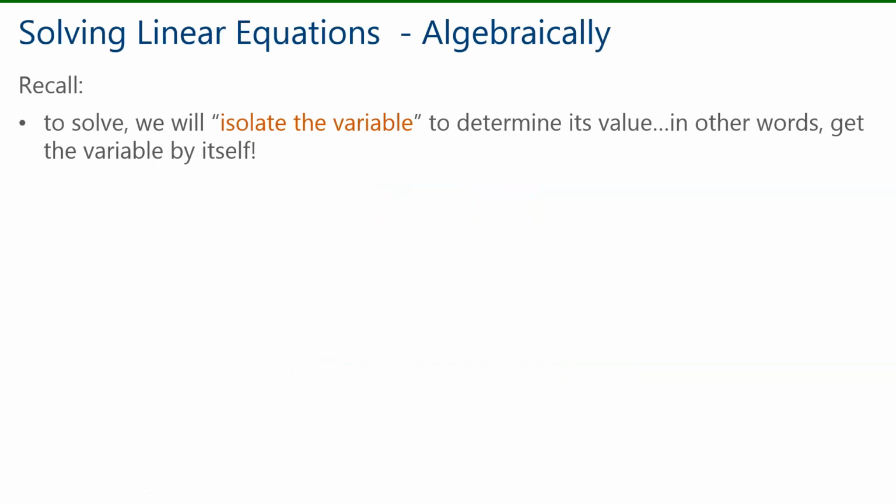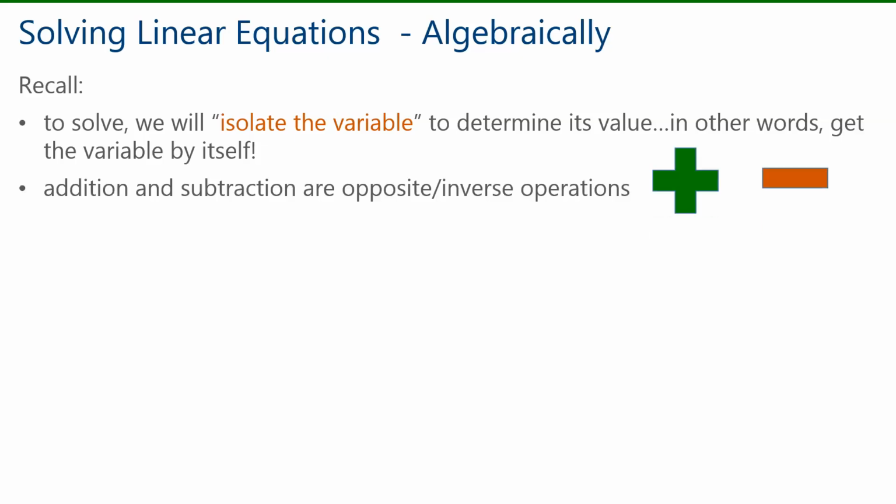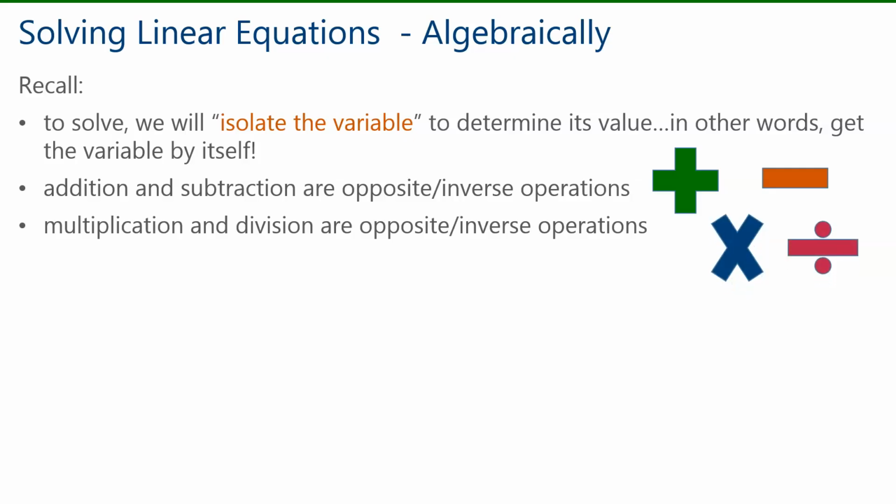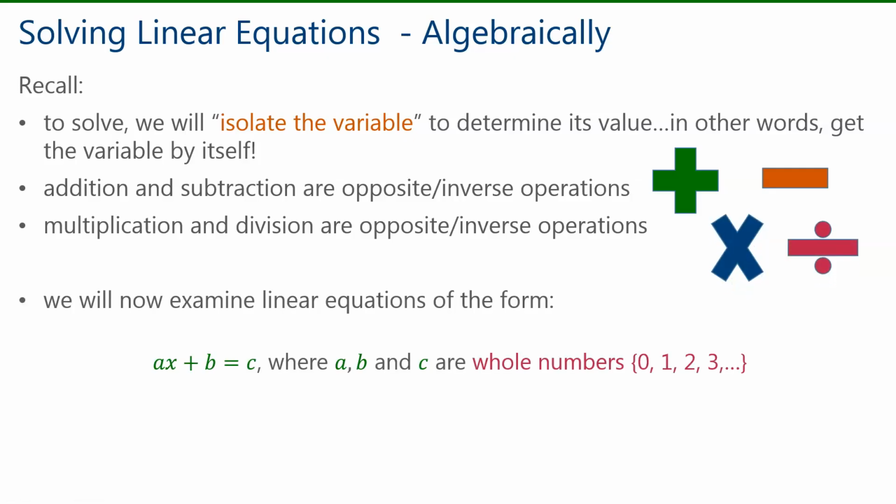Recall once again, to solve, we isolate the variable to determine its value. Addition and subtraction are opposite or inverse operations, as are multiplication and division. We will now examine linear equations of the form ax plus b equals c, where a, b, and c are whole numbers. We now have multiple operations occurring in our equations.